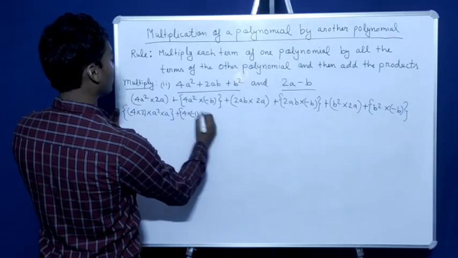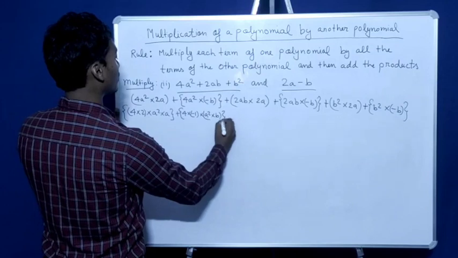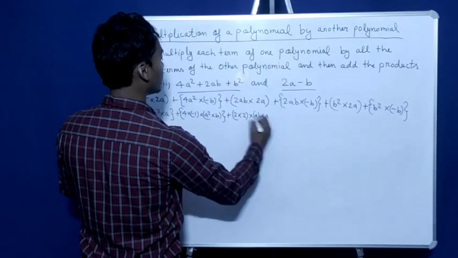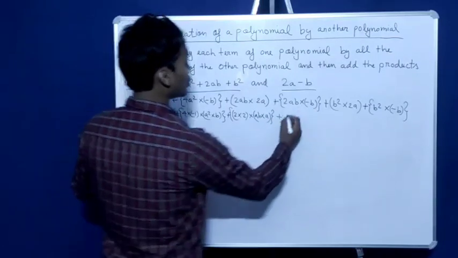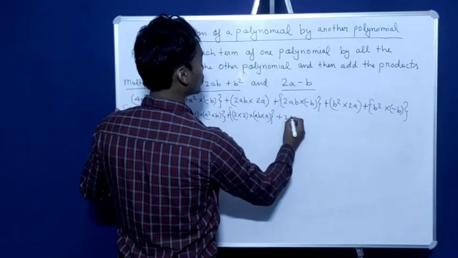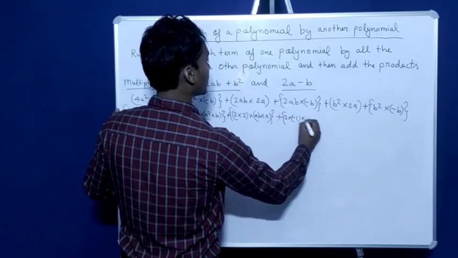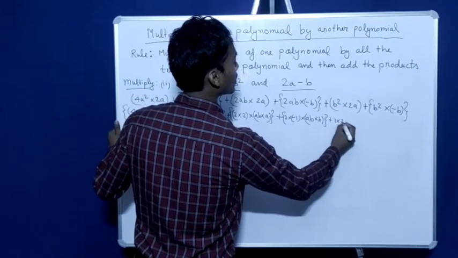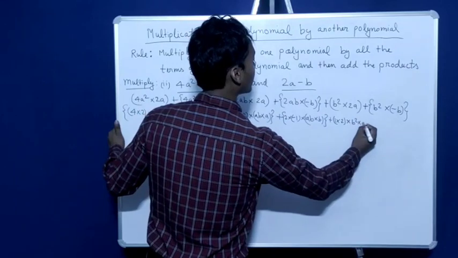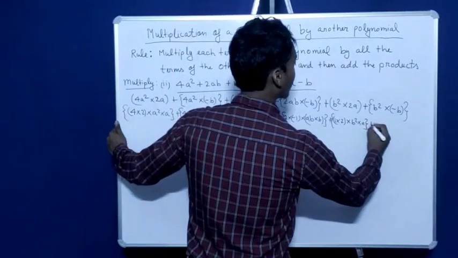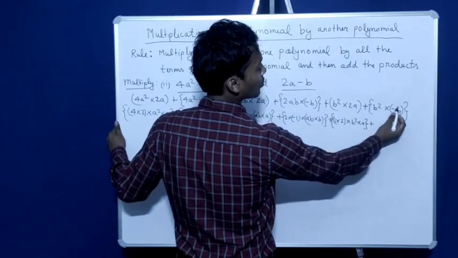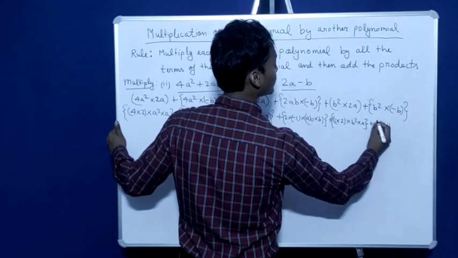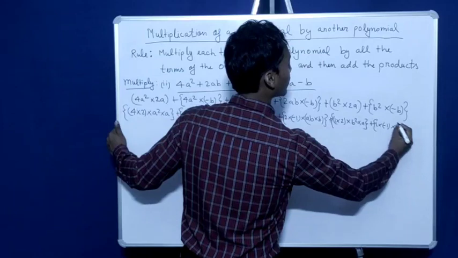So 4 times -1 multiplied by a square times b plus 2 and 2, so 2 times 2 multiplied by ab times a, plus 2 times -1 here, so 2 into -1 multiplied by ab times b, plus we have 1 here and 2, so 1 times 2 times b square times a, right, plus here we don't see any numerical coefficient, means they have 1, so here we have -1, so 1 multiplied by -1 times b square multiplied by b.